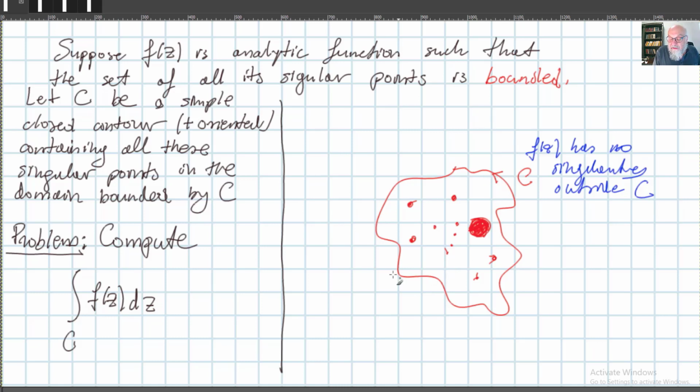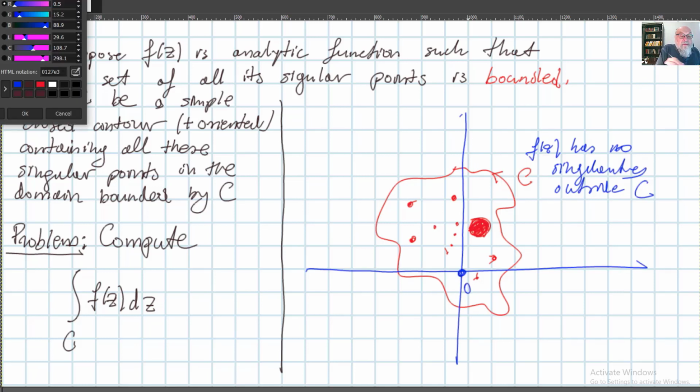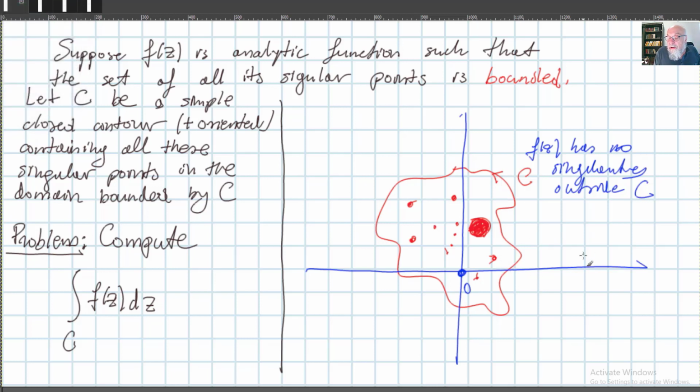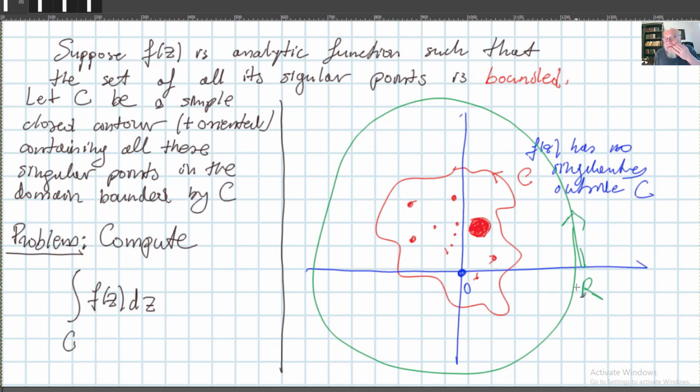And since C and the singularities are bounded, we can always choose, suppose here we have the coordinate system, with the origin here, I am always able to find a large disk of large radius, say R, such that the whole picture is contained inside this disk.